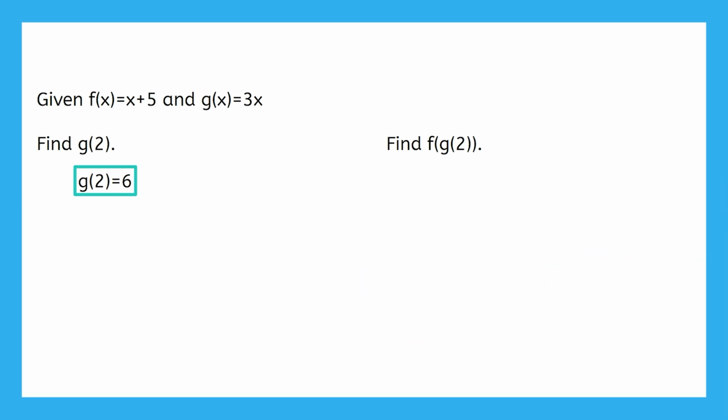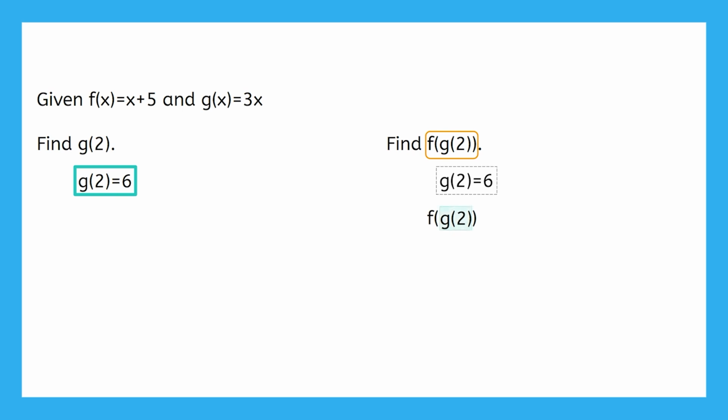So with f of g of 2, our innermost parentheses are asking us to first evaluate g of 2, which earlier we found was 6. We work our way outward, and we're now trying to find f of g of 2.